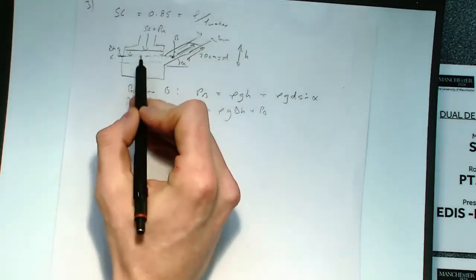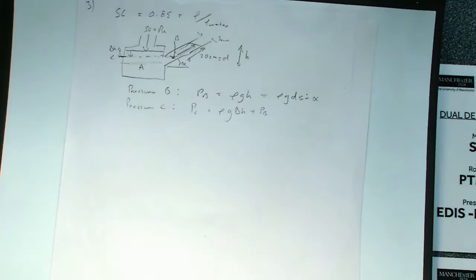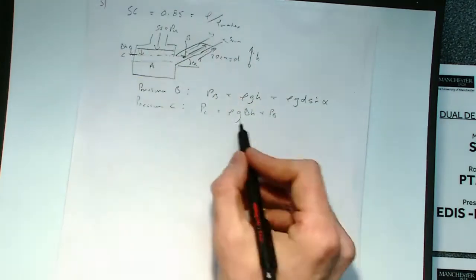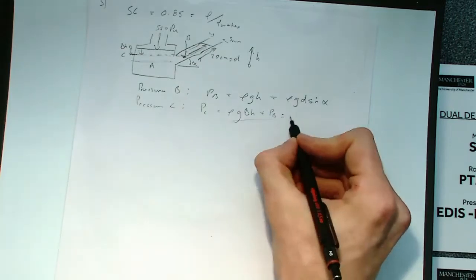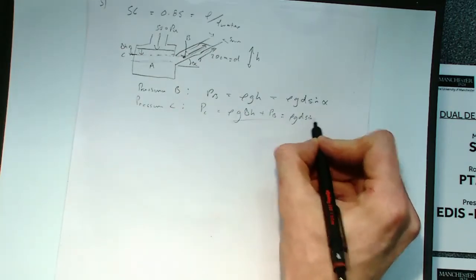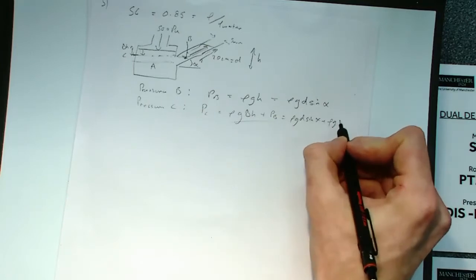And we've also got this 500 Pa pressure pushing this down to C. Those are balanced now, so we can say the pressure at C is equal to the two of these. Rho g D sine alpha, plus this bit, rho g delta h.